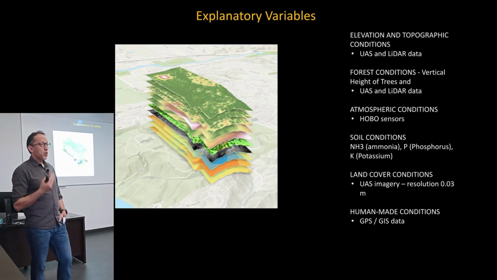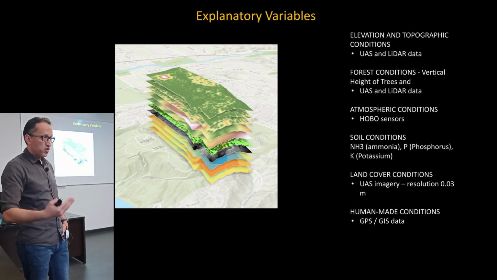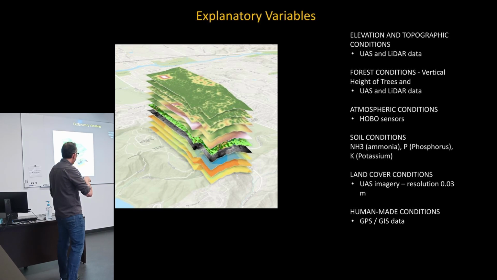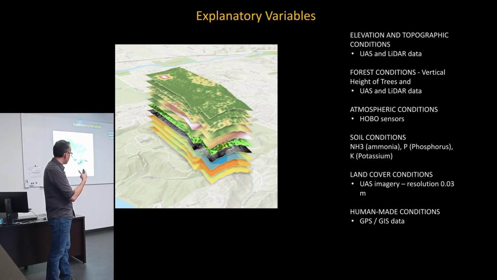Now, what are the explanatory variables and how are we characterizing the environment? What types of environmental conditions are we going to look at? We can group them in different categories. For example, elevation and topographic conditions.